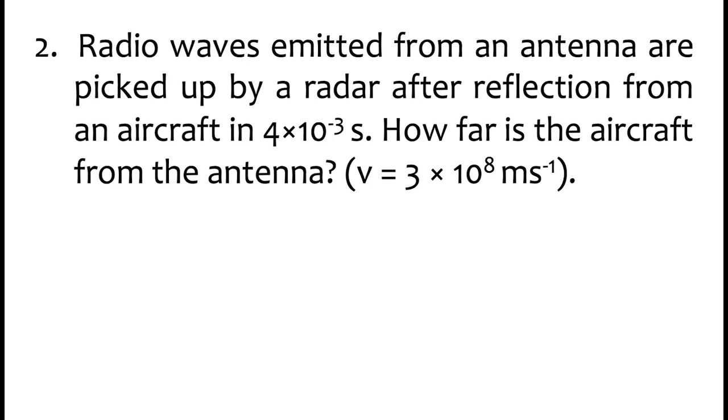Given that V, velocity, is equal to 3 × 10⁸ meters per second. Remember, the question is asking you how far. That means distance. It is asking you for the distance.